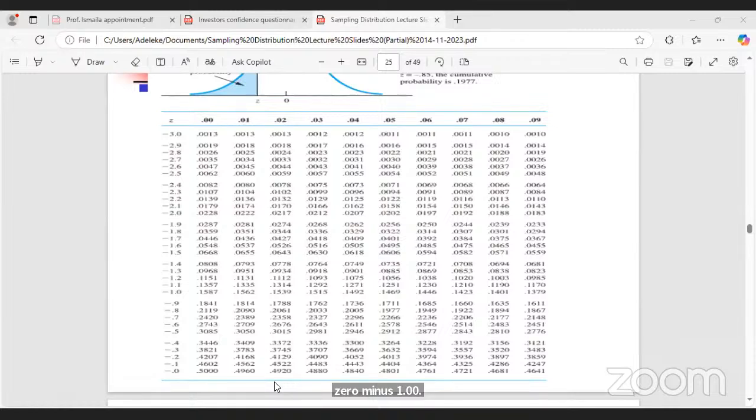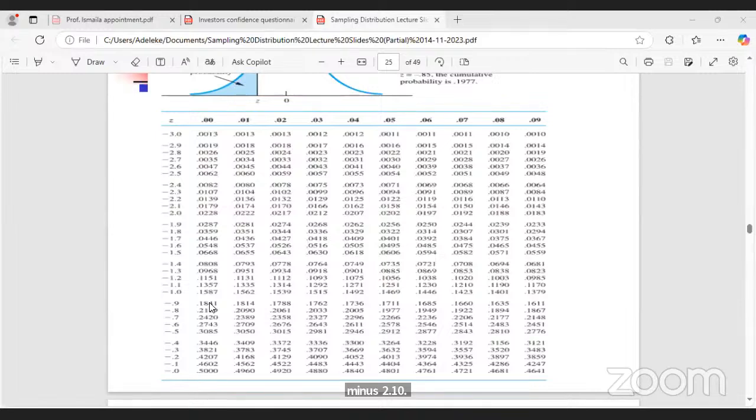Now, if you check it, look at minus 1.0 here, okay? 0.00 is this. That means there's no decimal place after that minus 1, and that is 0.1587. All right. But if it is minus 0.10, you know that is different from minus 1.0.